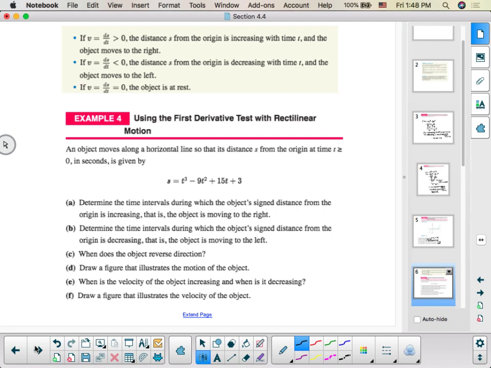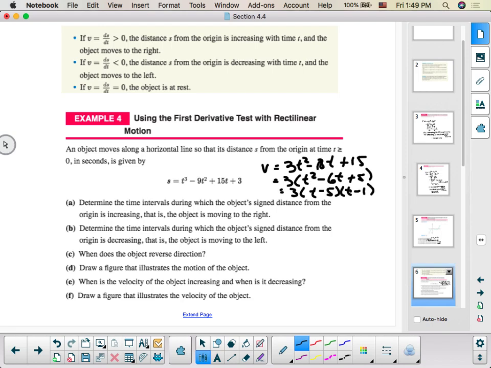So here, v, the velocity, is going to be 3t squared minus 18t plus 15, and that factors as 3 times t minus 5 times t minus 1.